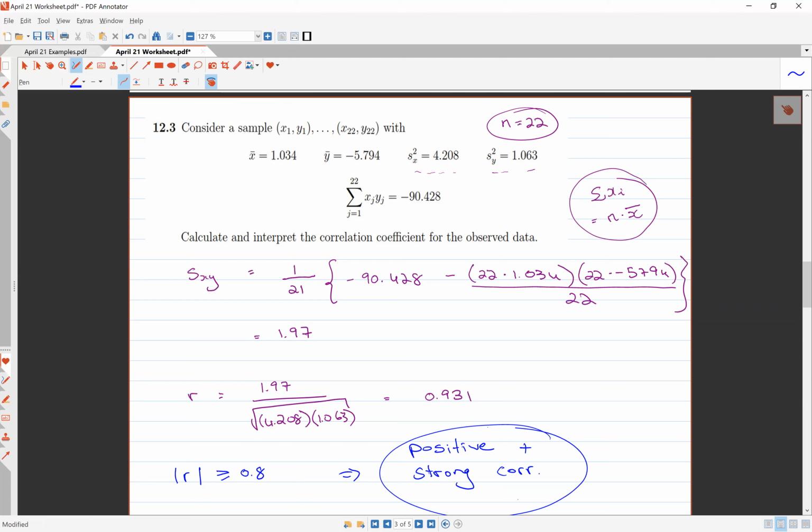It's not impossible, but the closer you are to 1, the more implausible it becomes that it's some nonlinear relationship. But again, in a perfect world, you would really like to see that cloud of points, the scatter plot for the data. So does anyone have questions about calculating correlation coefficients as in 12.2 and 12.3?